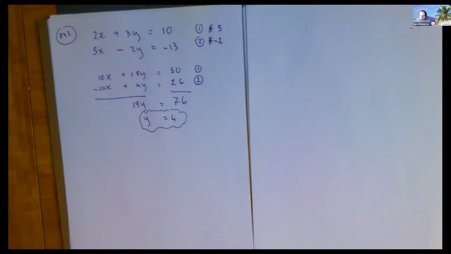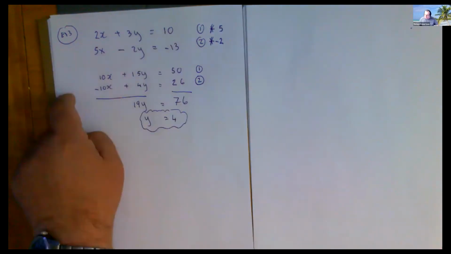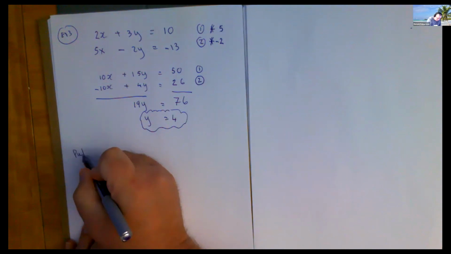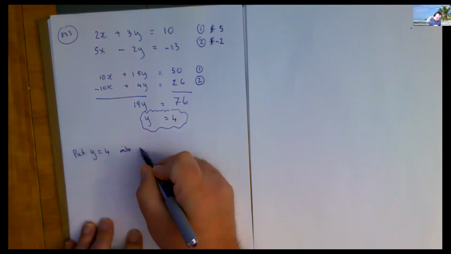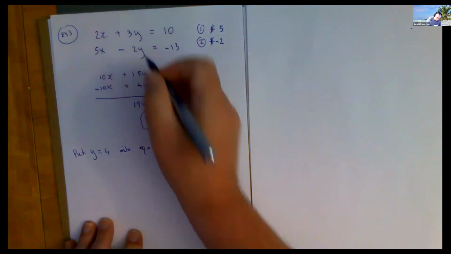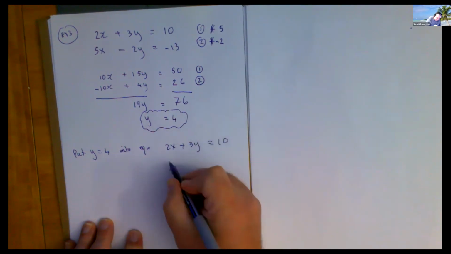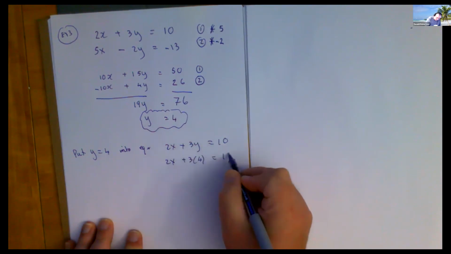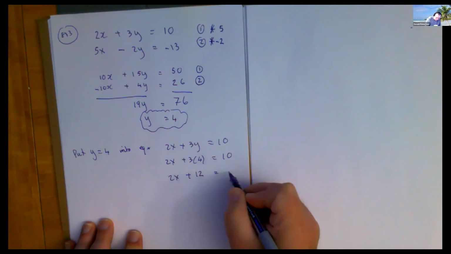So far, so good. Now, aren't we just going to put y equals 4 into any one of these equations we feel like? And that'll get me the missing x. So I'm going to put y equals 4 into, oh, I don't know, that one, probably. 2x plus 3y equals 10. 2x plus 3 lots of 4 equals 10. 2x add 12 equals 10.